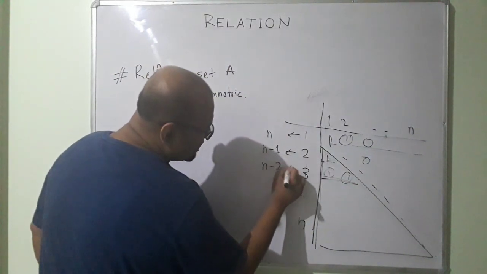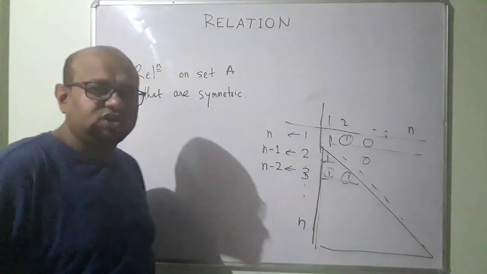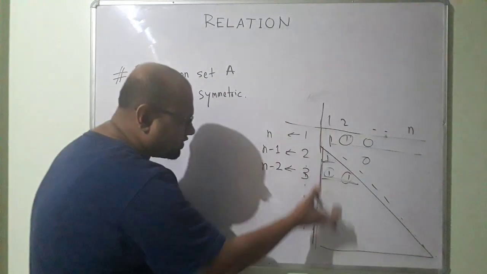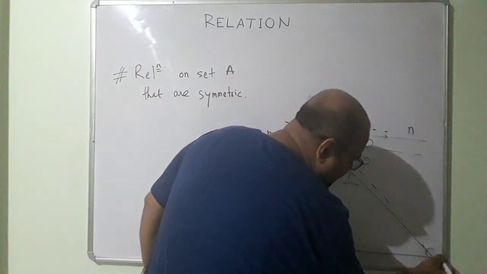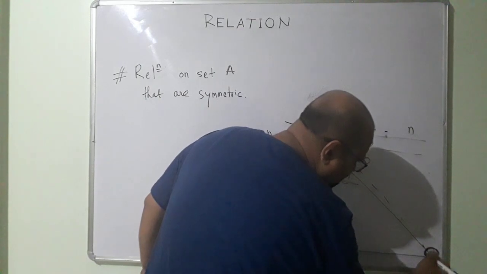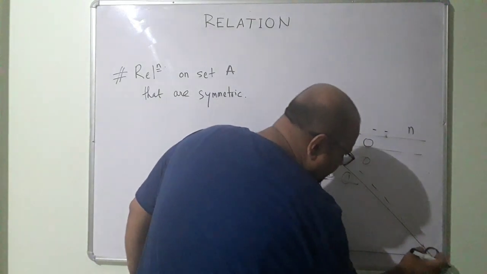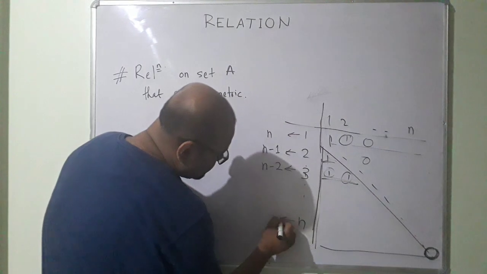So this leaves me with n minus 2 places where I have a choice. This will go on until, in the last row, I will have only one choice, the last diagonal element.